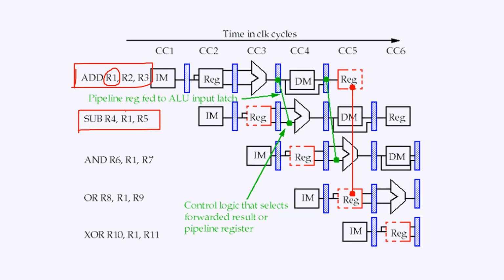In the subtract, we have to read the value of R1. So the concept here is that the value R1 is needed for the subtract statement after it is produced by the add statement. So we have to make it available for the subtract instruction when it is needed.